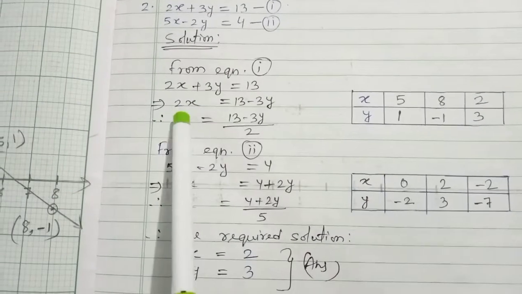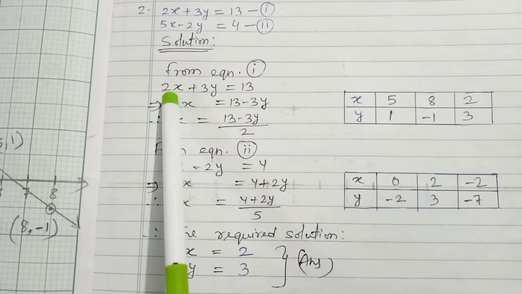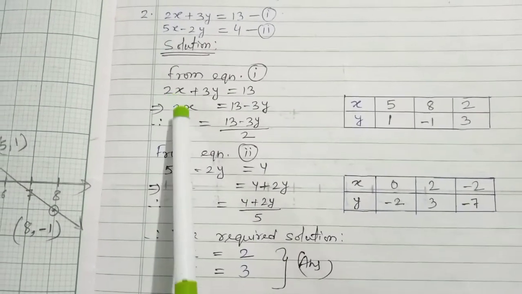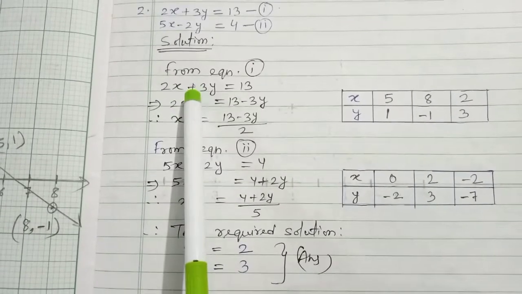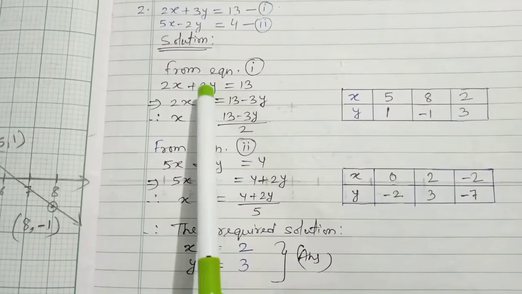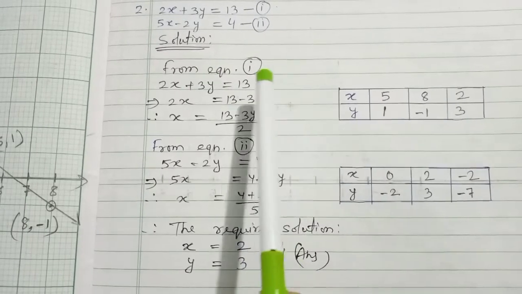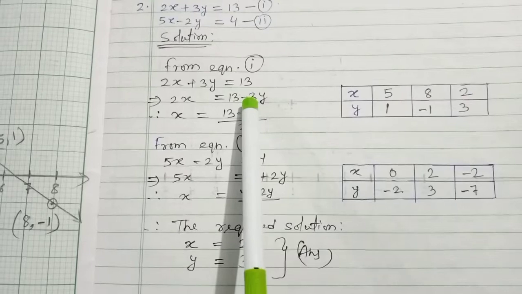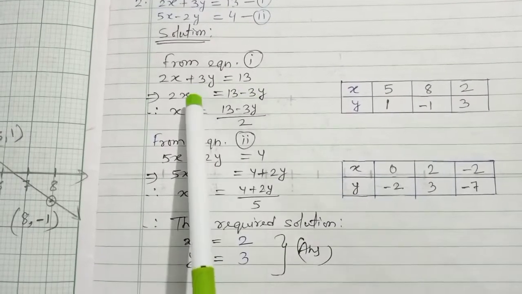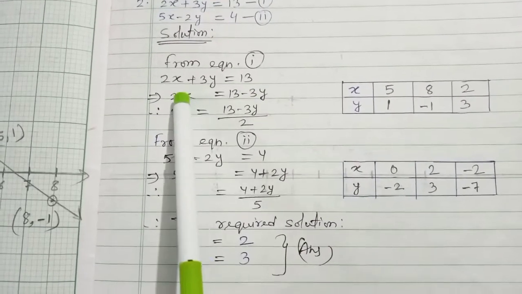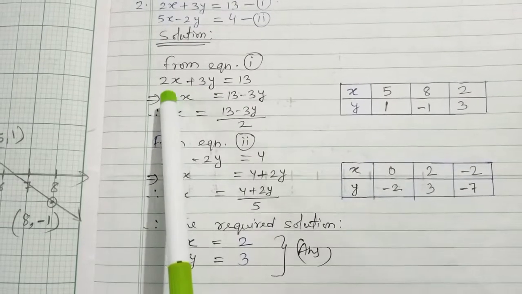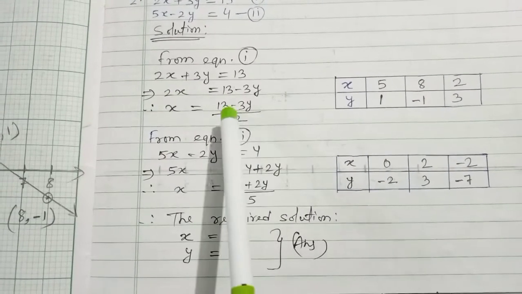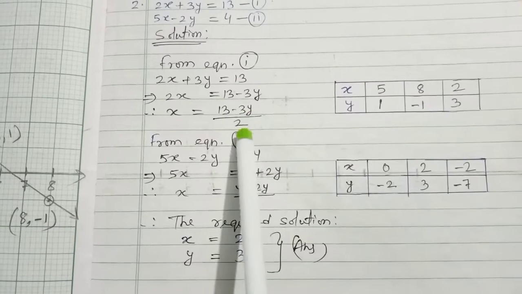From this equation I'm going to make x alone. So I wrote 2x, and when plus 3y goes to the right hand side, it becomes 13 minus 3y, because plus became minus. And when I make x alone, this 2 is in multiplication, so it will come and divide. So it became 13 minus 3y by 2.